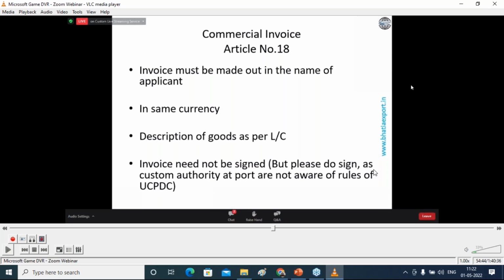Some people interpret it in another way. So it is advisable to sign the invoices, all the documents properly signed by the authorized signing authority. In GST also it is very essential that the authorized signatory only signs the documents, the tax invoice.